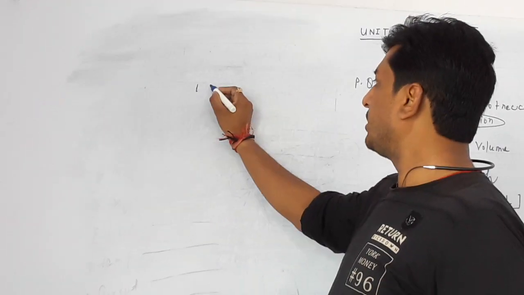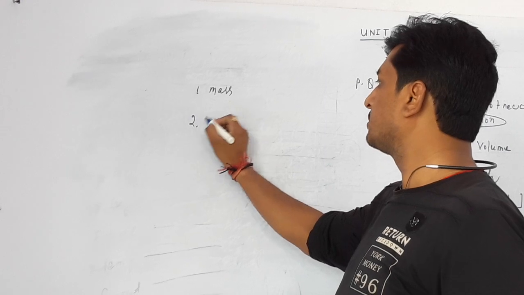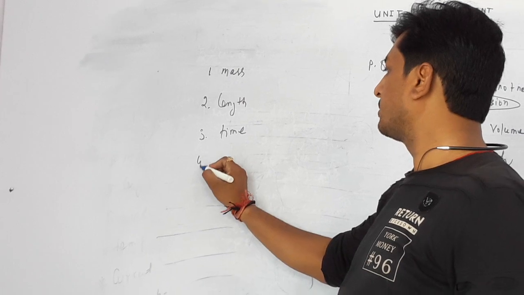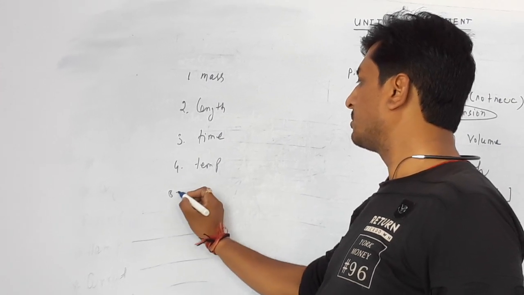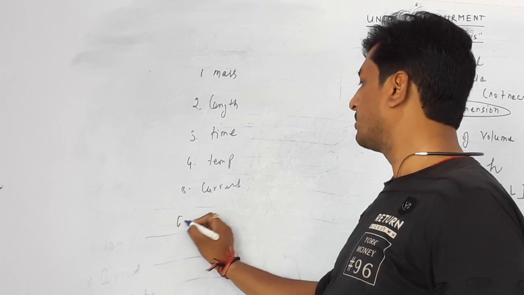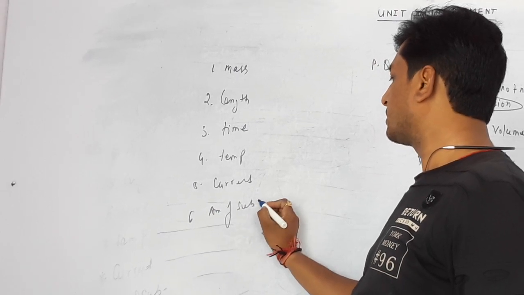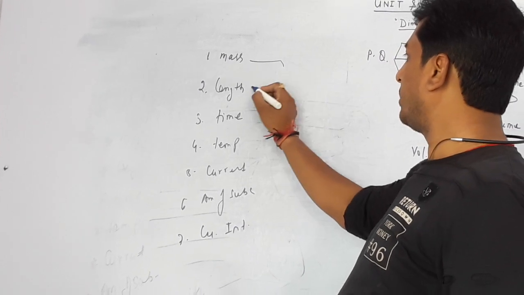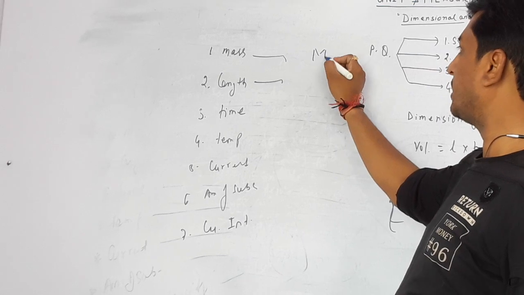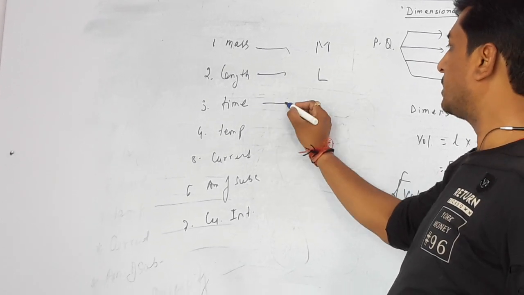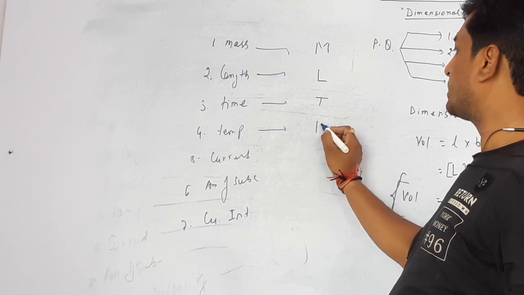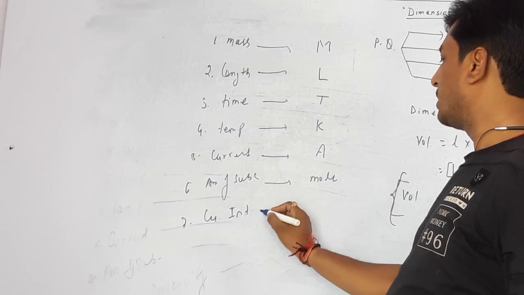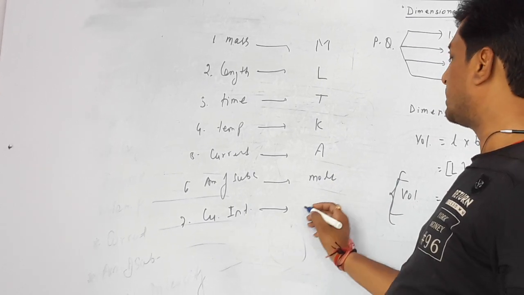The fundamental quantities, already you know: mass, length, time, temperature, current, amount of substance, and luminous intensity. Mass starts with m, so I am writing here M. Length with L, time with T, temperature unit is Kelvin, current unit is ampere, amount of substance unit is mole, and luminous intensity unit is candela.